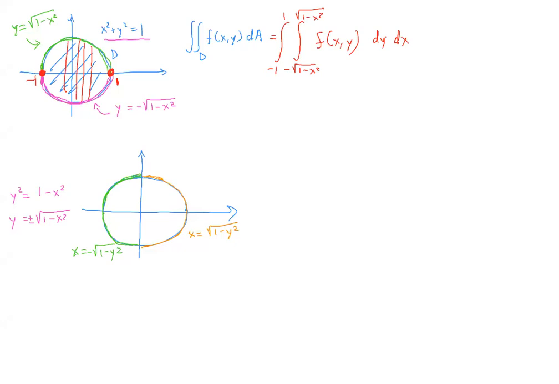So if we want to write our integral as an iterated integral, then we have the double integral over D of f of x, y, dA. Remember, that's always our starting point. And then we're trying to write it as an iterated integral. So as we said, we're going to do horizontal integration first. And our leftmost boundary is going to be minus square root of 1 minus y squared to square root of 1 minus y squared.